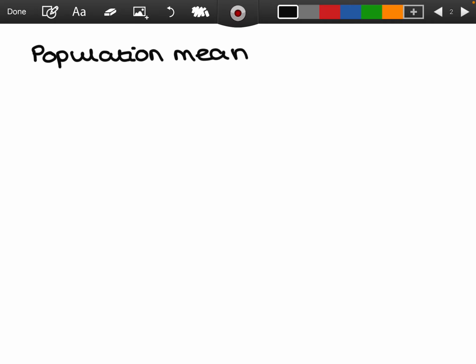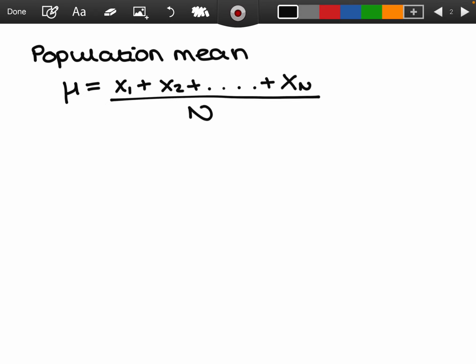That would have been the data as a population, not just a sample of 1 year's worth of data points. Population mean is calculated in very much the same way, except this time it's denoted by mu. Mu is a Greek letter. Okay. And mu is just, again, all of the data points from the population this time added together, divided by the number of things in the population.